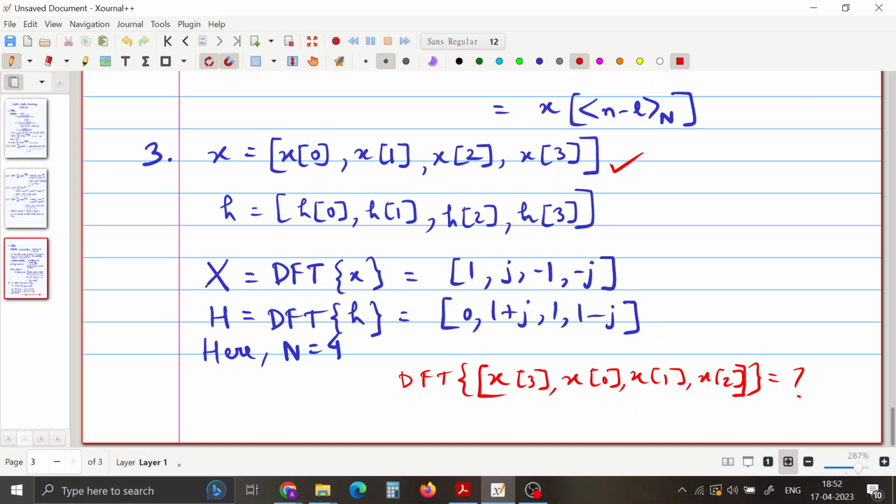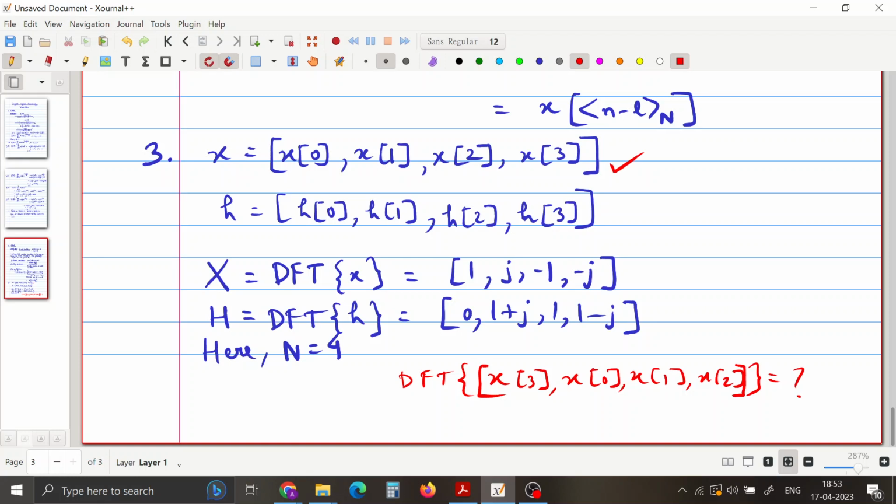Here the pattern is different, the order of the sequence is different, and the main thing is to observe that pattern. Is it following some special pattern? That's all that you need to find. Once you discover it, you are done with the problem.